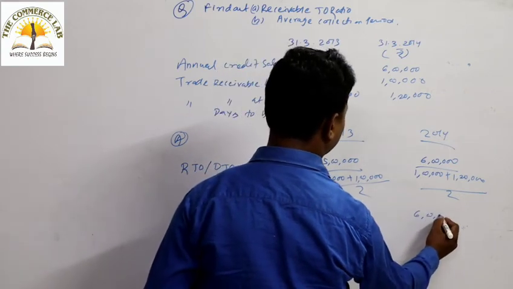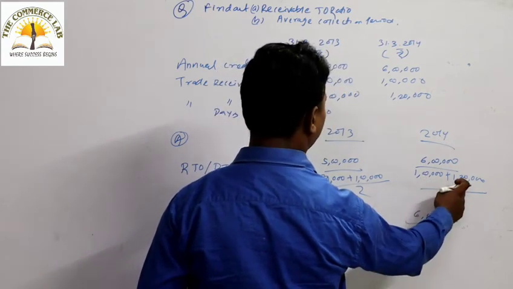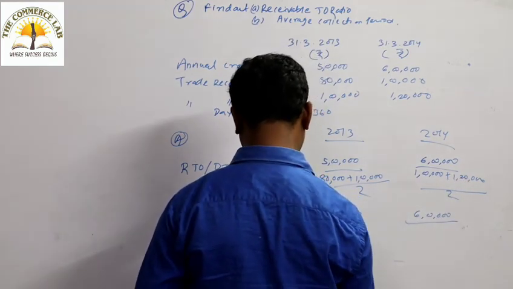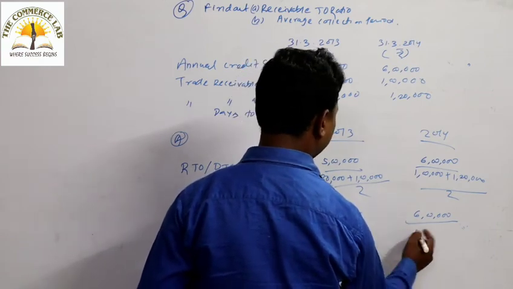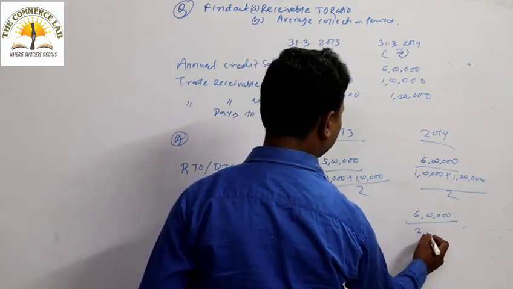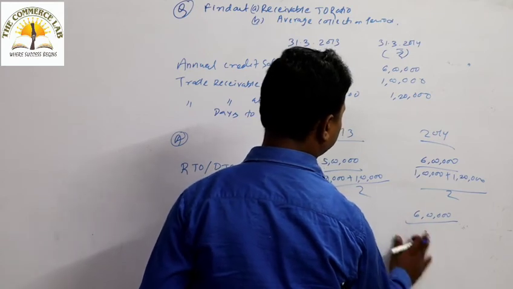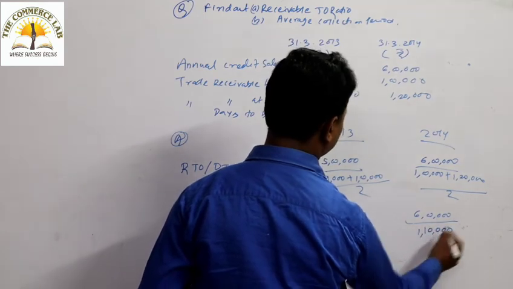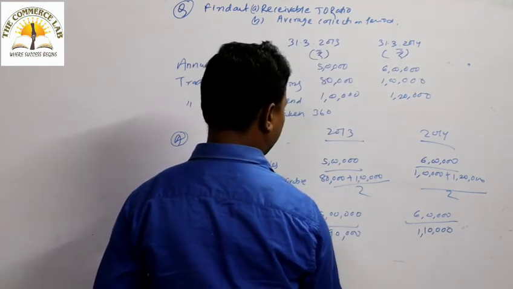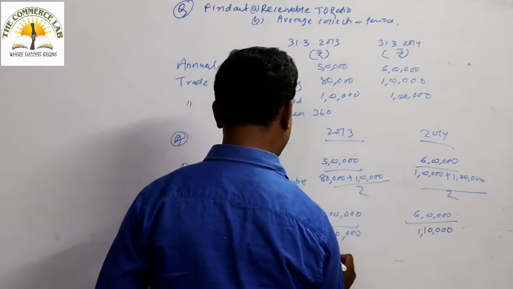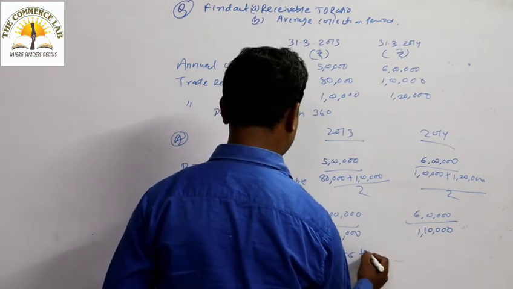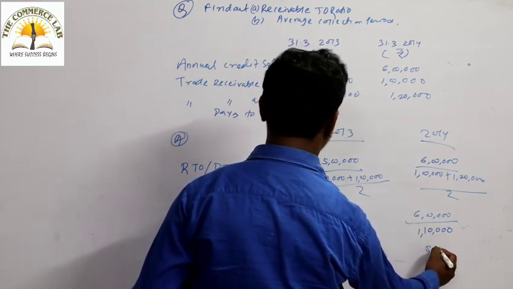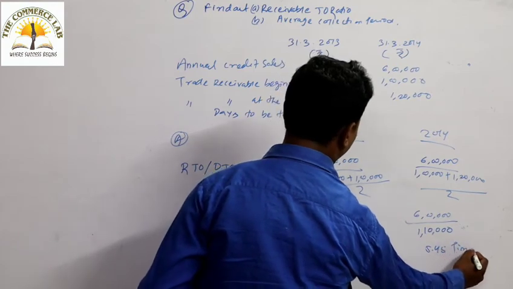Then 6 lakh divided by 1 lakh plus 1,20,000, that is 2,20,000 by 2, which is 1,10,000. So 5 lakh by 90,000, 6 lakh by 1,10,000. This is 5.56 times we are getting. That is the debtor turnover ratio or receivable turnover ratio, and for 2014 we are getting 5.45 times.